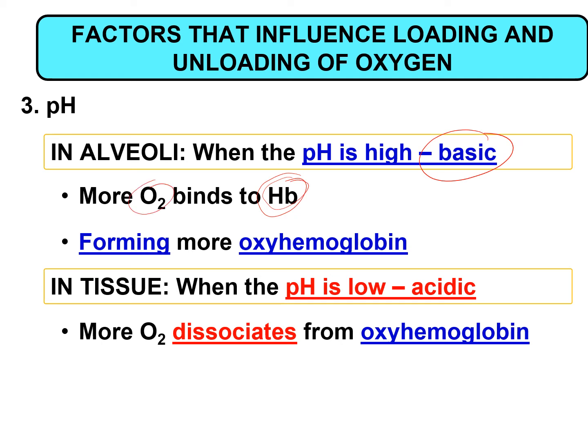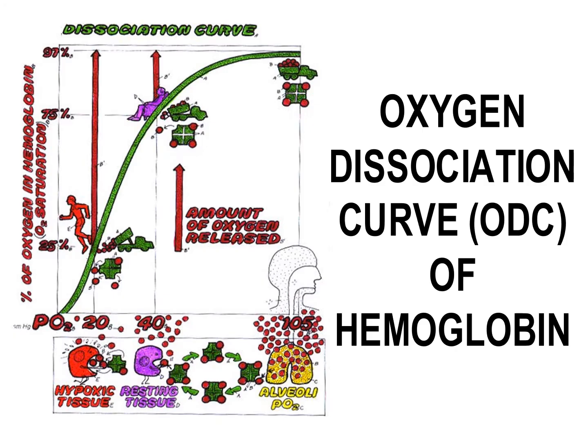When the pH is low, oxygen will tend to dissociate from oxyhemoglobin. So the loading and unloading, due to the different partial pressure, different pH, produce the oxygen dissociation curve for hemoglobin.